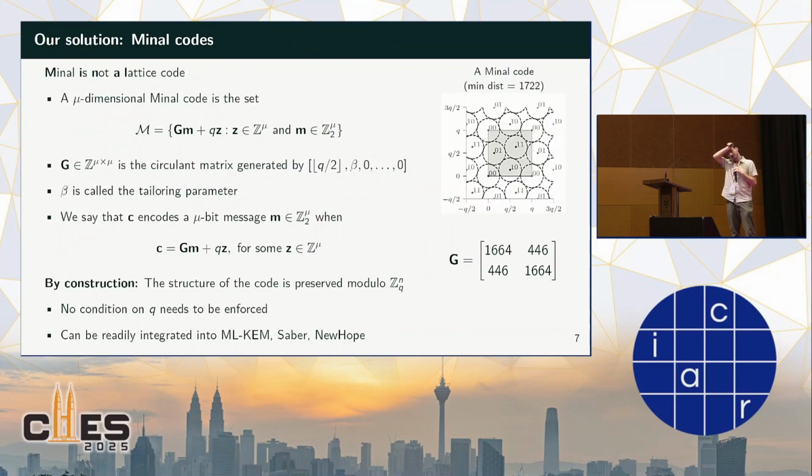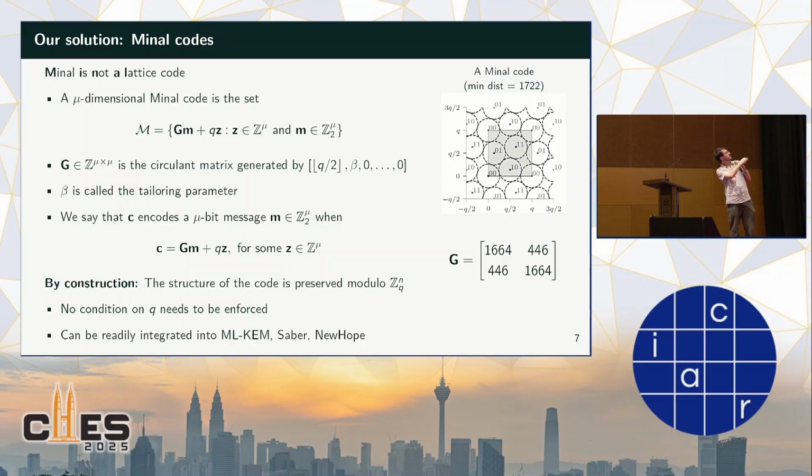Okay, so our solution is to combine the good part of lattice codes, enforcing some structure so that the code is periodic, or so that it preserves the structure of the hypercube Z_Q^N. We call this code MINO because it's not a lattice code, and it can be defined for any dimension mu, as this set here.